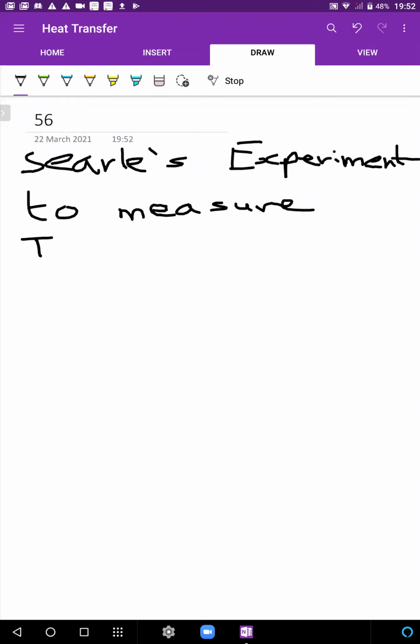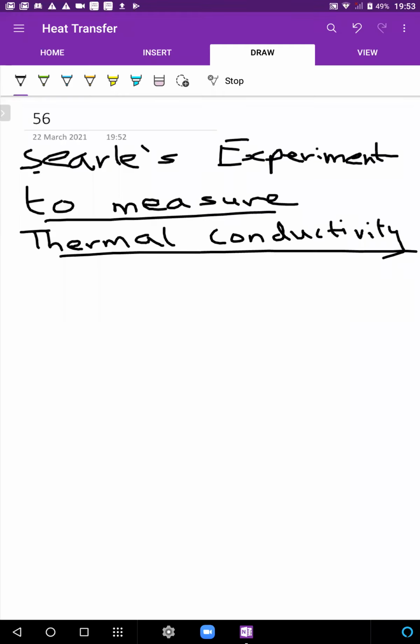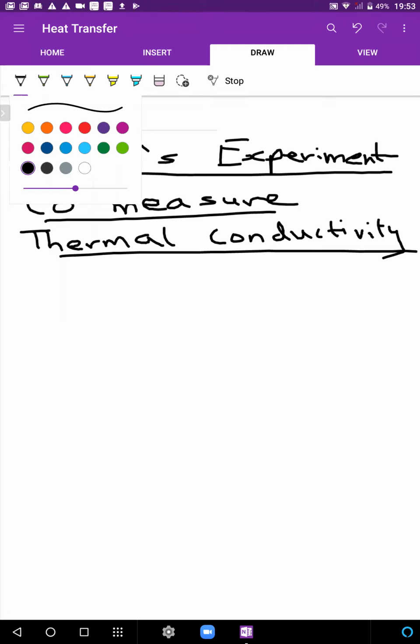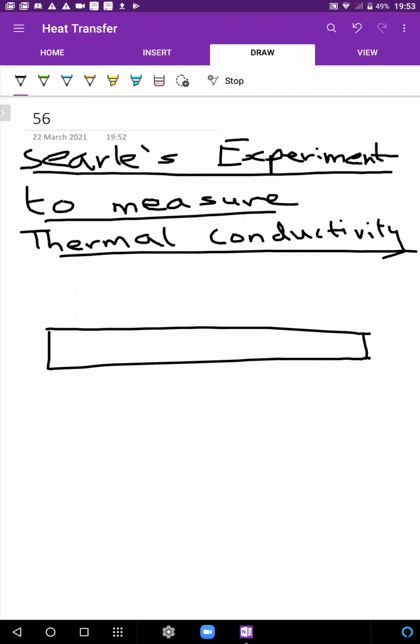You need not know much about this. छोटा सा ही point है इसका. So you don't need to know much about the setup and all. All right. But just have a rough idea of how this experiment is used to calculate thermal conductivity. Yes, this is still under heat transfer.